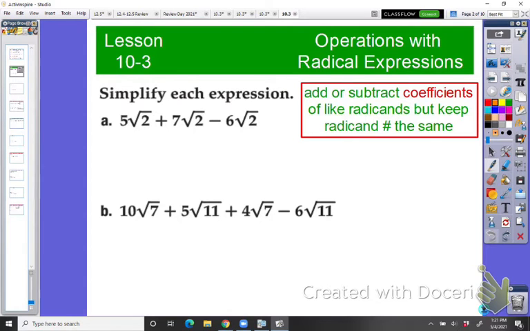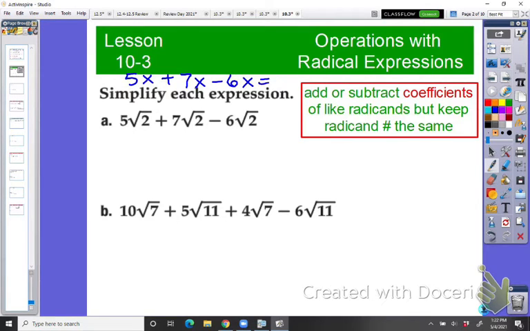So, example A, 5 root 2 plus 7 root 2 minus 6 root 2. Think back to when we combined like terms with variables. If I change this to say 5x plus 7x minus 6x, they are all like terms because they all have an x beside it. So 5x plus 7x is 12x's minus 6x's.